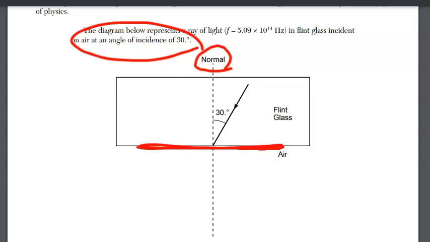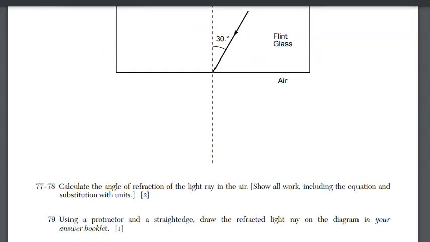When it comes to refraction, it's going to either bend towards the normal line or away from the normal line, depending on, again, what's going on with the medium, in this case, flint glass to air. In 78, you're asked to calculate the angle.